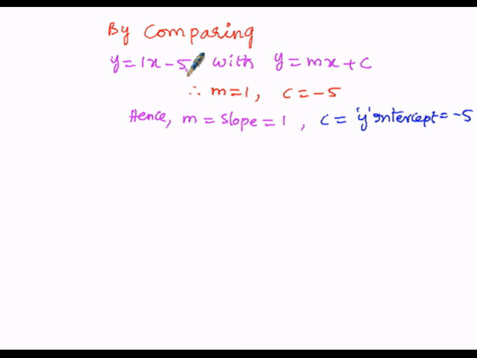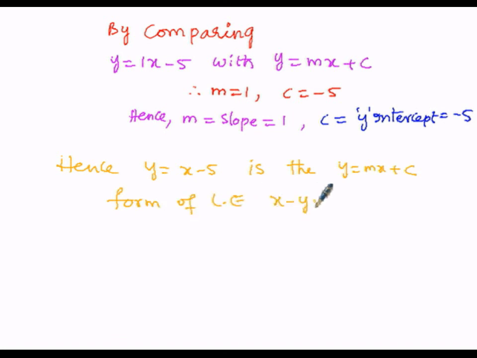So hence y is equals to 1x, that is x minus 5, is the y is equals to mx plus c form of the linear equation x minus y is equals to 5.